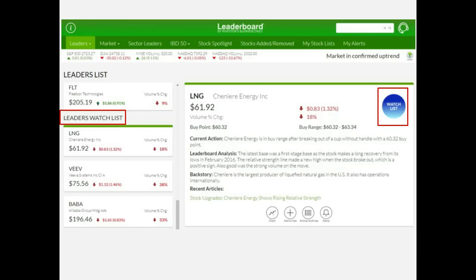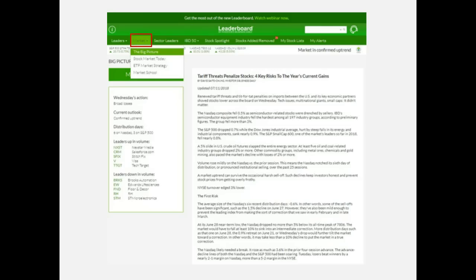The next tab is the market. This is probably one of the most important tabs in leaderboard. Just walk us through the market. Well, as we started off with this presentation, we were talking about how important the market trend is, and everything about what we do, whether it's in the big picture or just tracking the different updates of the stock market today.